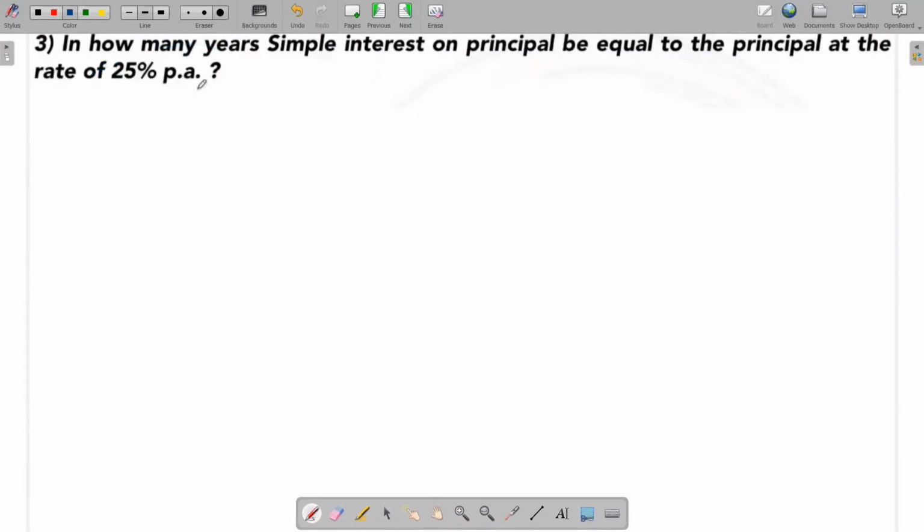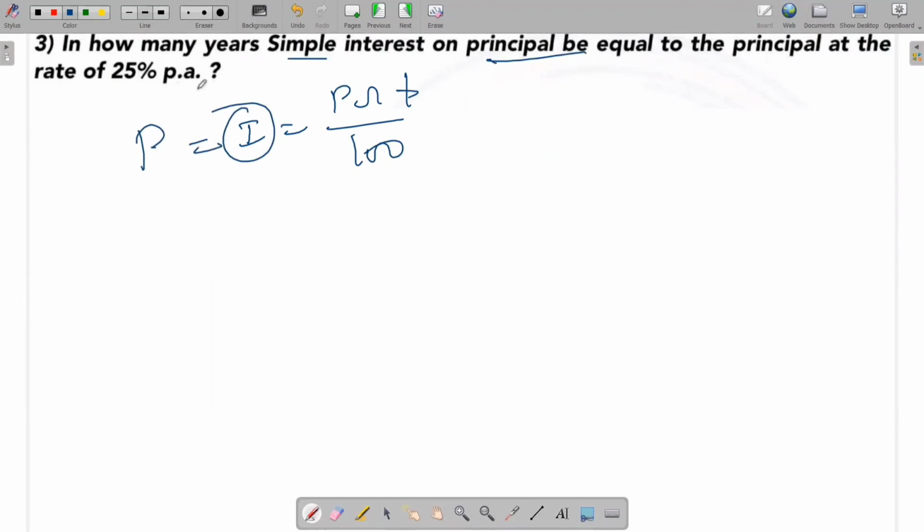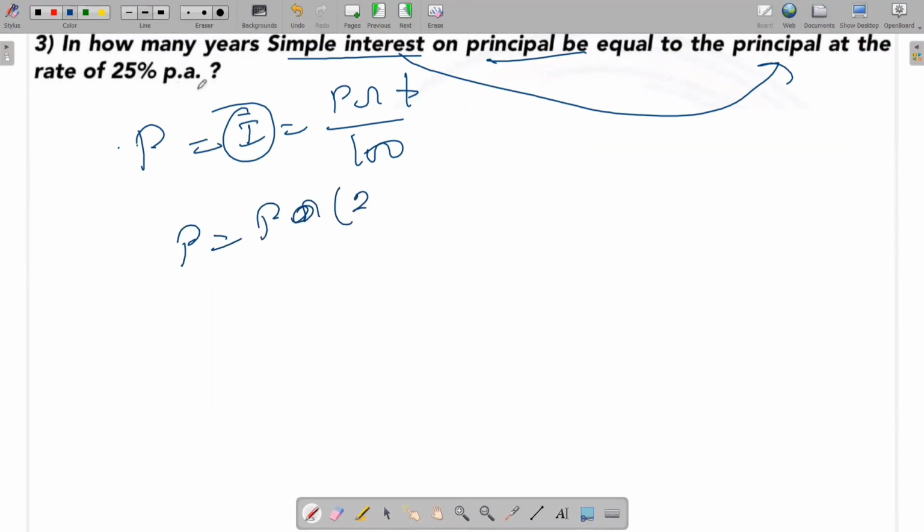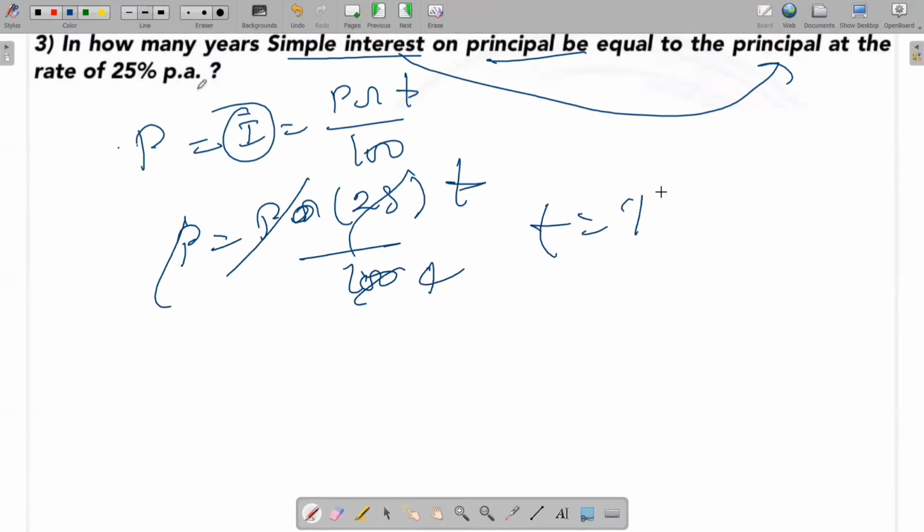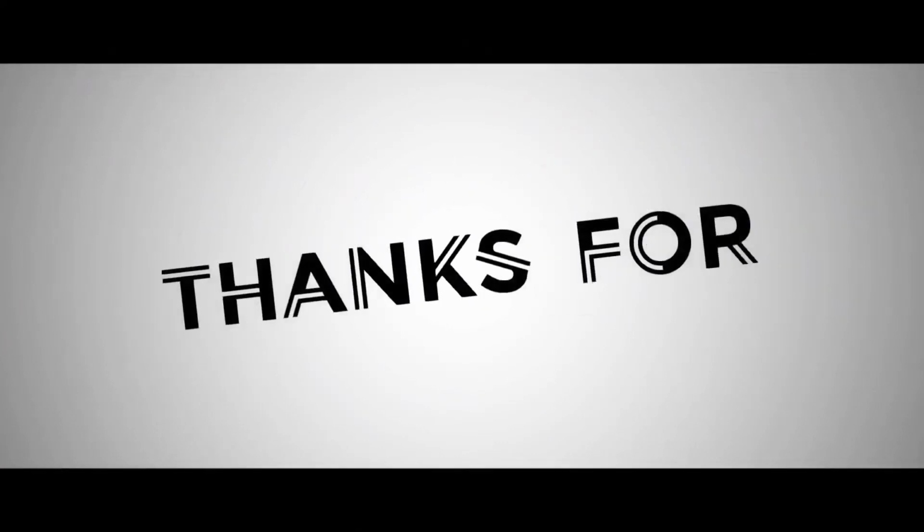Another way: interest is equal to PRT. So let's make I equal to P, because the interest is equal to the principal. So P is equal to P into R, which is 25, into T upon 100. P cancels, 4 remains, so T is equal to 4 years.